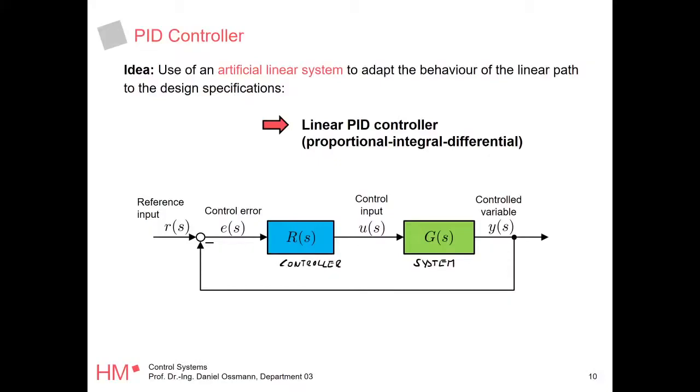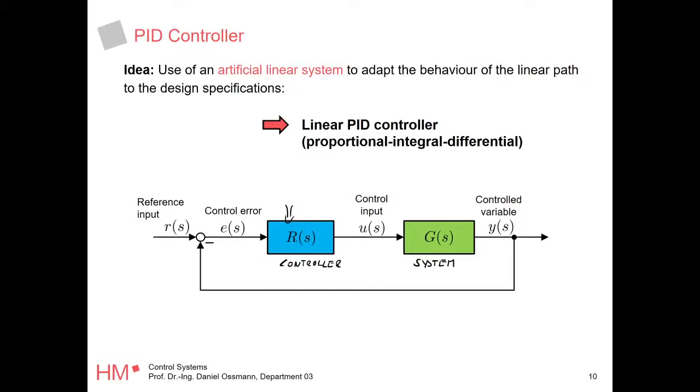That's why. So important really to note here is that this system here is a piece of hardware, right? This is your car, your aircraft, whatever you like. While this thing here is basically an artificial system, which you most of the time are going to put on a microcontroller. So you are free to choose this R. It's not given.